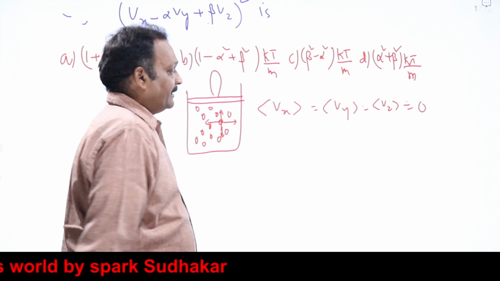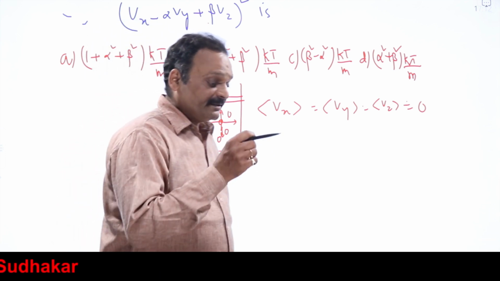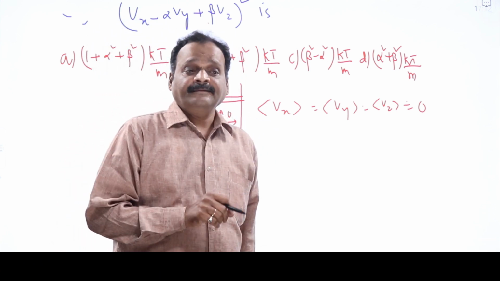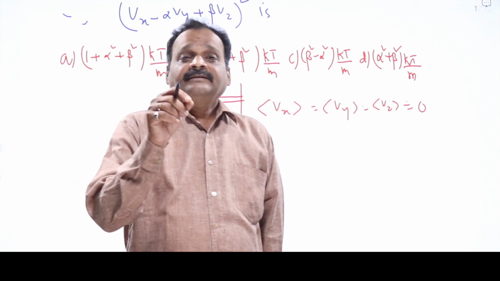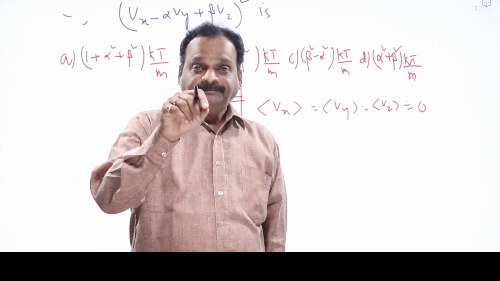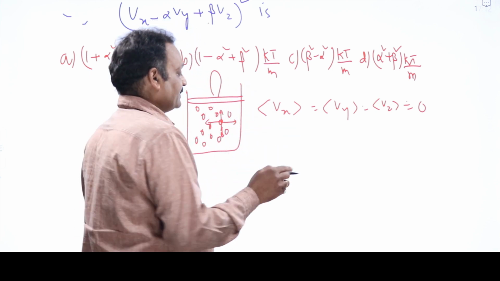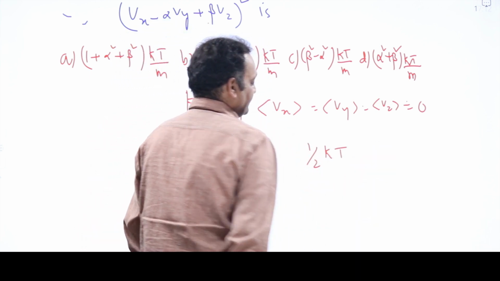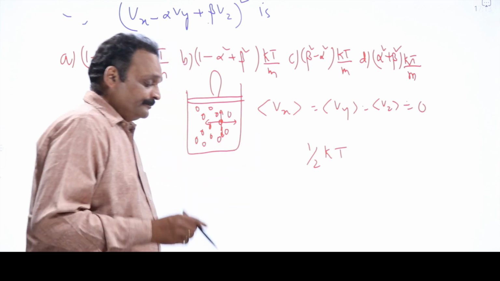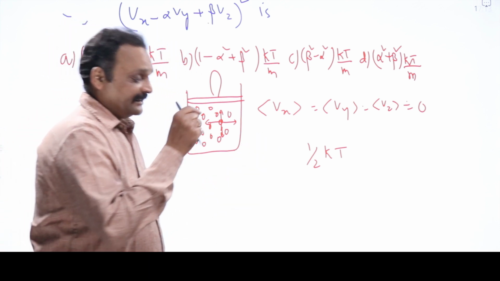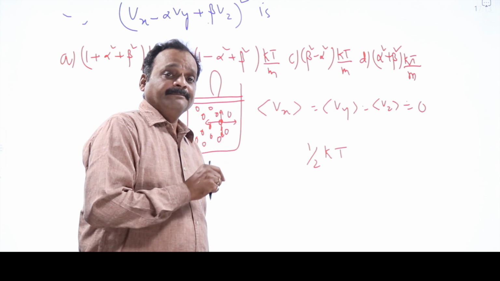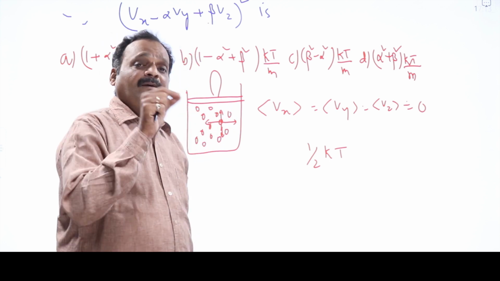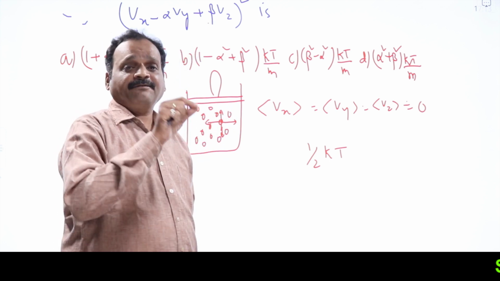Next, according to kinetic theory, Boltzmann's law of equipartition of energy, the average kinetic energy of a molecule per degree of freedom is half kT, where k is Boltzmann's constant and T is the absolute temperature. It means if a gas is at an absolute temperature in thermal equilibrium, the average kinetic energy per molecule per degree of freedom is half kT.